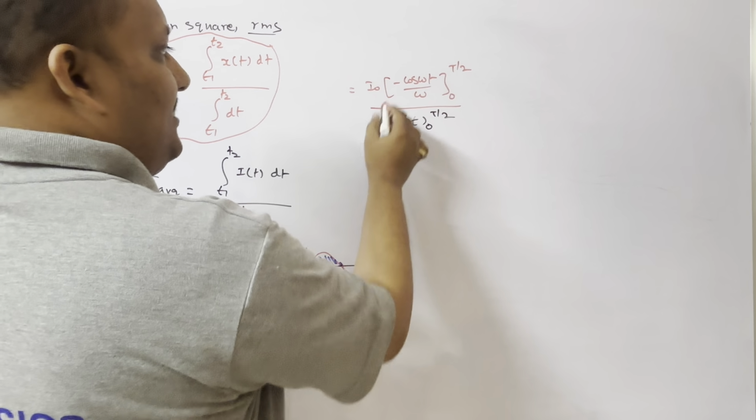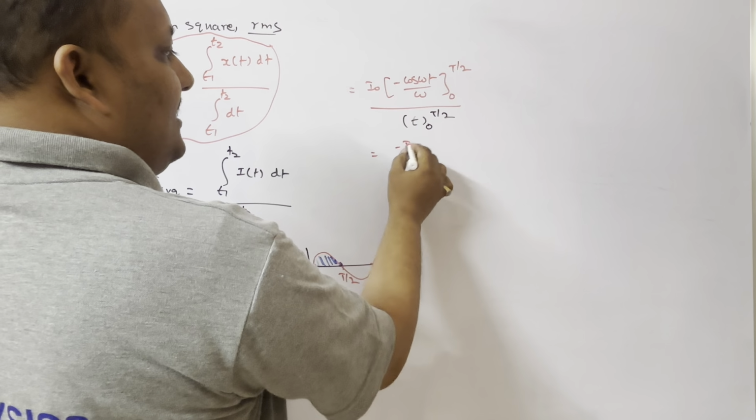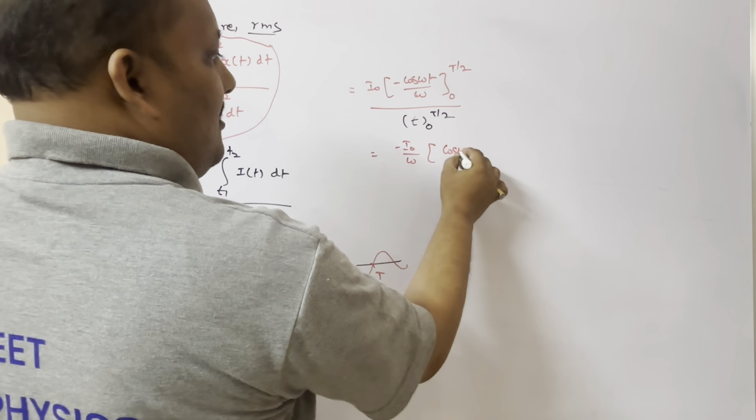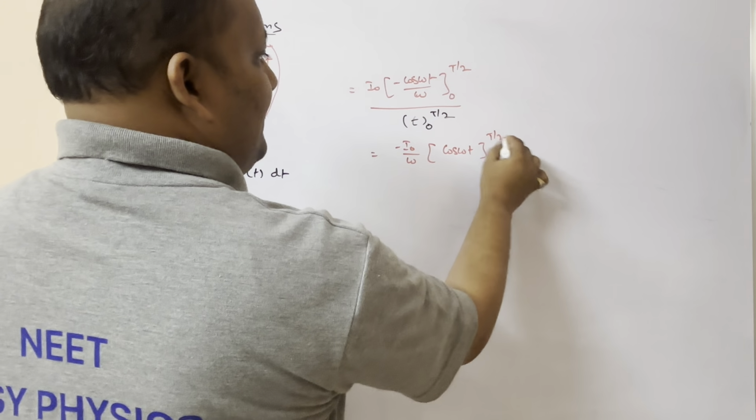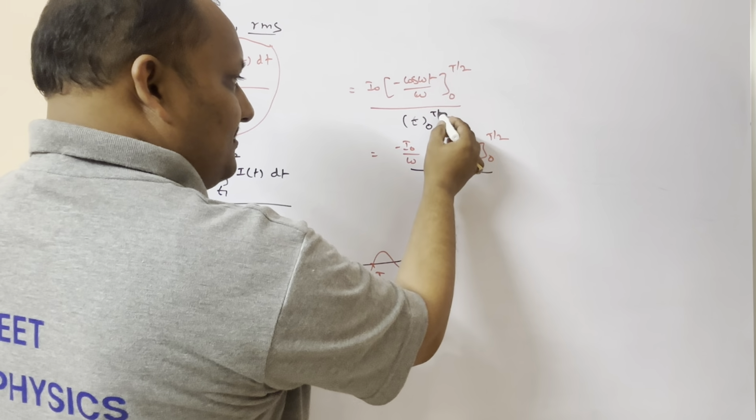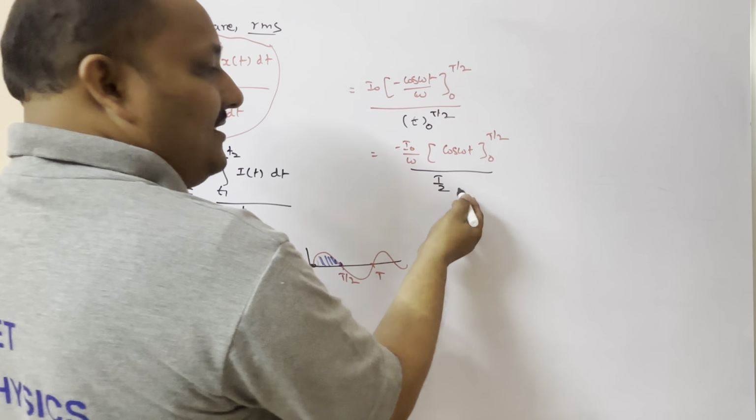Now, if you substitute here, minus I naught by omega outside, cos omega t between the limits 0 to T by 2, divided by T by 2, the upper limit minus 0.